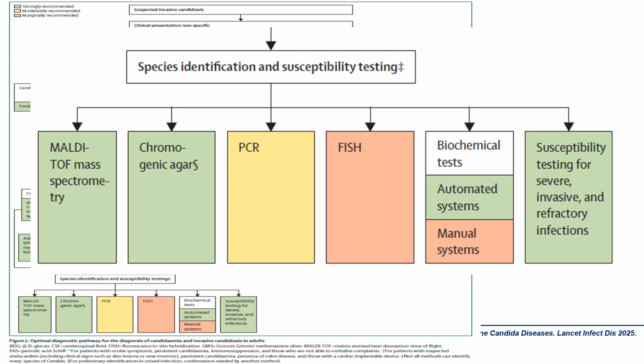And when we come to PCR directly from the blood, in the guidelines it is recommended with moderate strength because the assays only detect some Candida species. Therefore, the recommendation is with moderate strength.